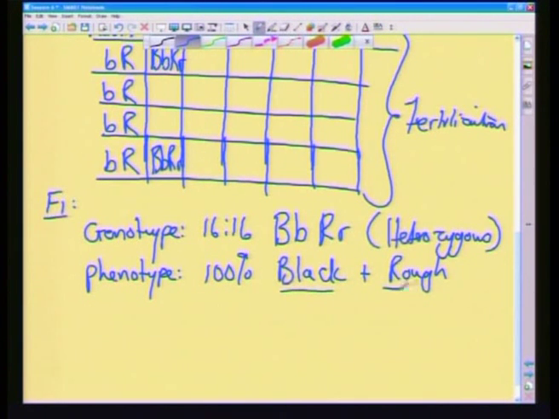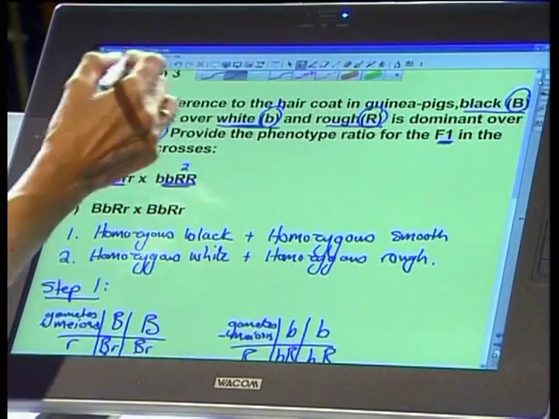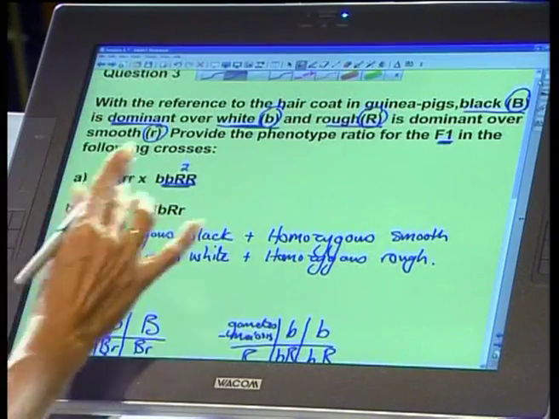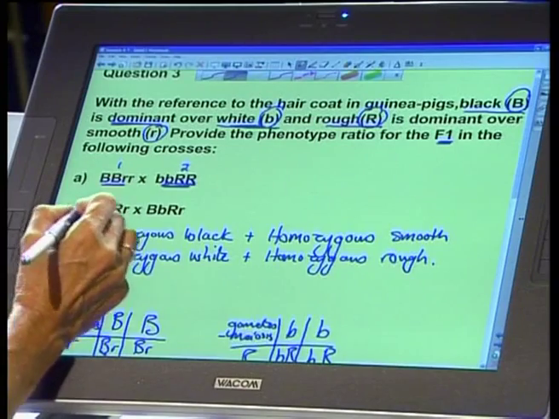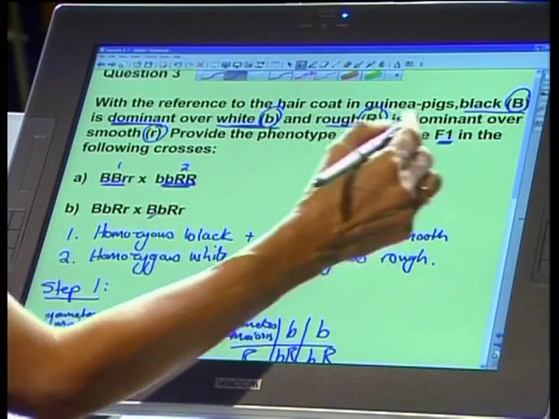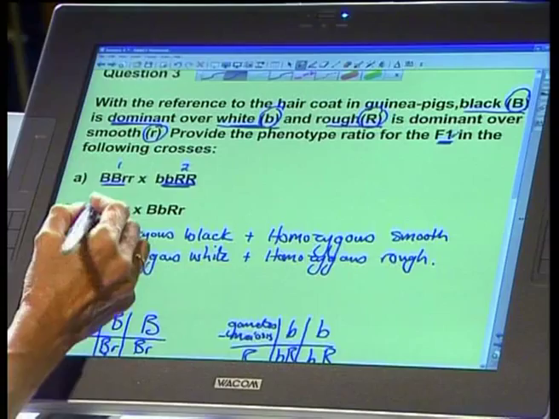And that is what we will see. And they will all be heterozygous. All right? Now, if we go back to our question, with a reference to the hair coat, etc., we now have a second combination, because they said we have to do the F1 for the following crosses.